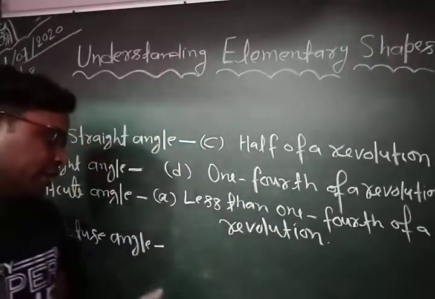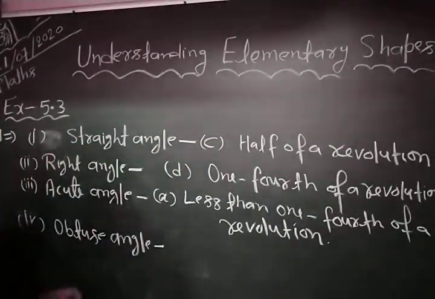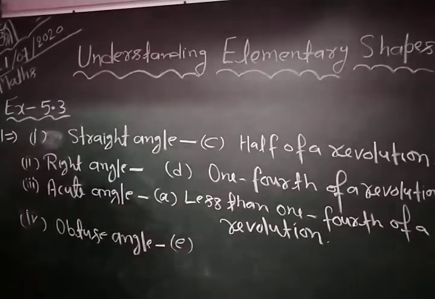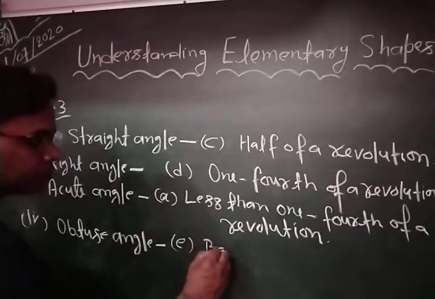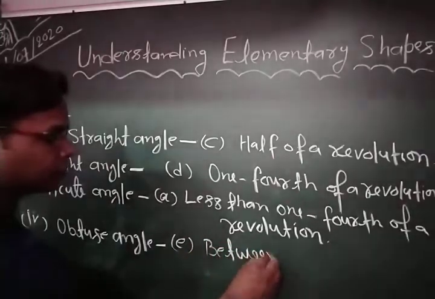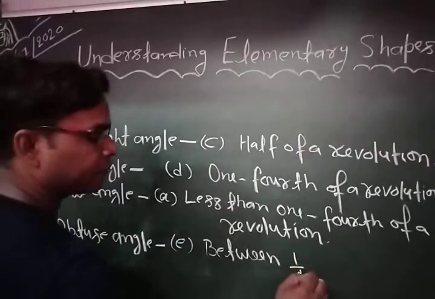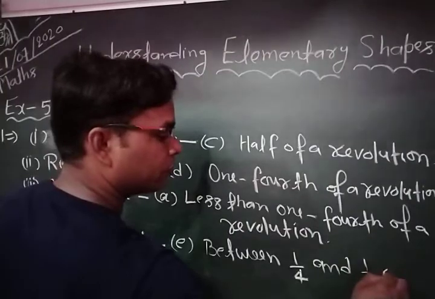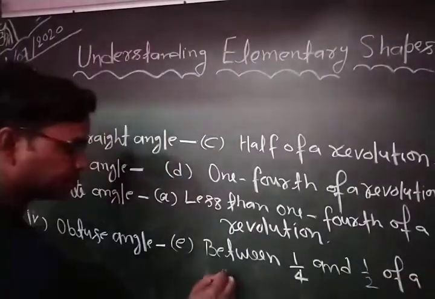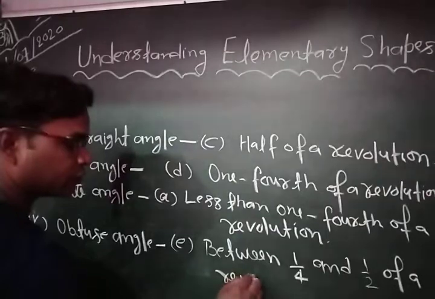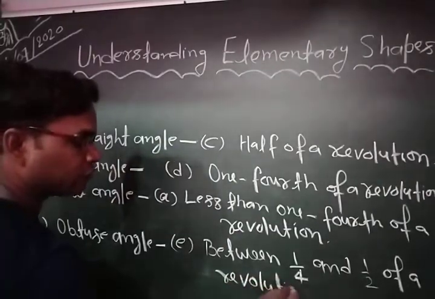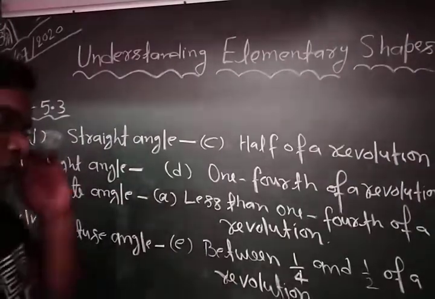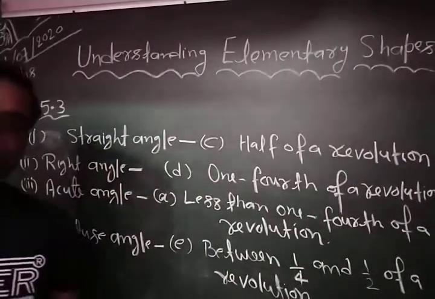The matching option is option E: between 1/4 and 1/2 of a revolution. 1/4 means 90 degree and 1/2 of a revolution means 180 degree.